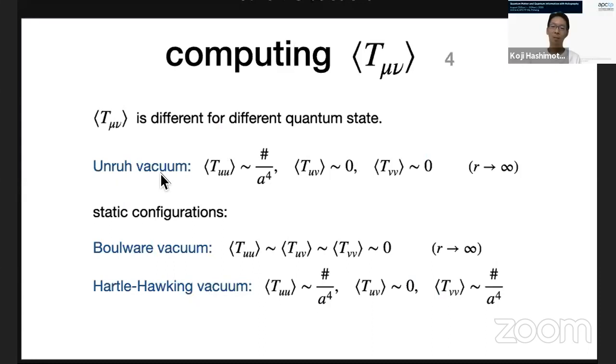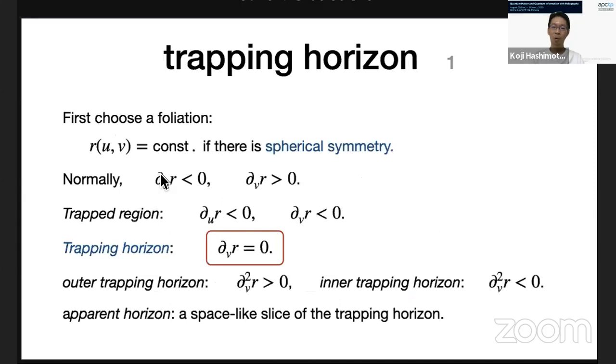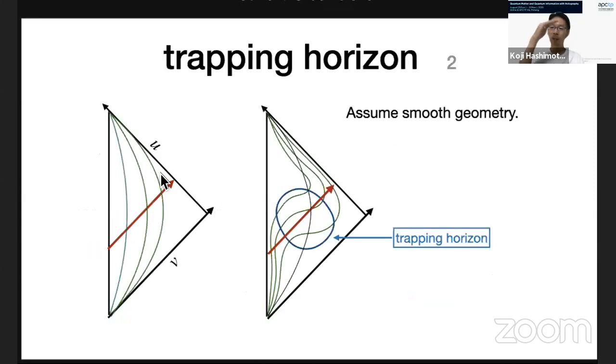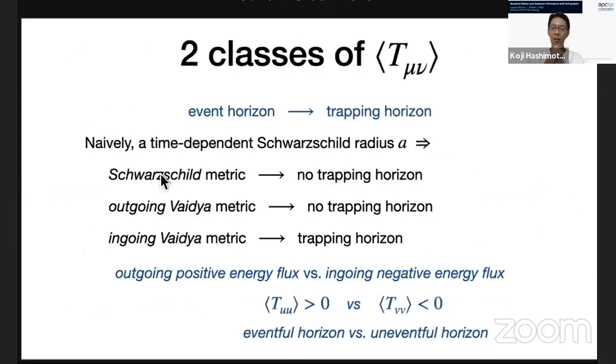No, I see. Yes. I have one more question. Before you got to this Hawking radiation part, you considered this trapping horizon. I think I missed the importance of that part. So you have two cases. One is outgoing positive energy, and the other is ingoing negative energy.